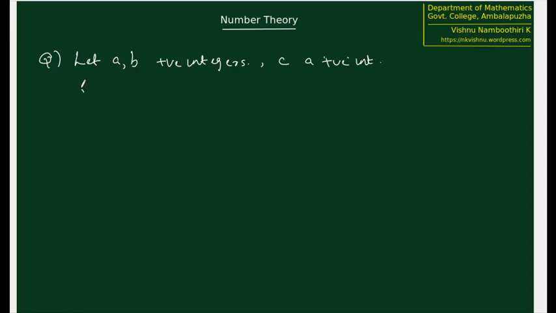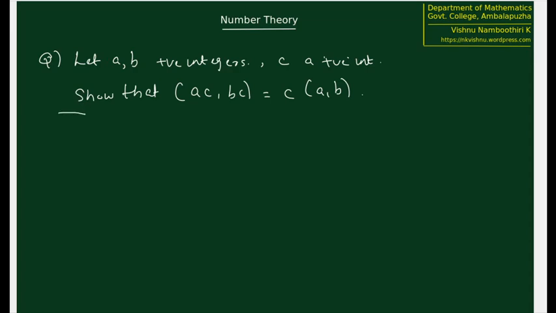The question is the following: show that the GCD of ac and bc, that means a and b both multiplied by c, is the same as c times the GCD of a and b. This question seems to be a somewhat trivial thing, but it is not actually so, and we are going to make use of the proof of Bezout's identity that we saw in the last session.